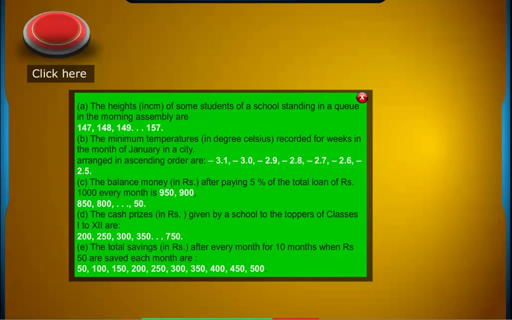E. The total savings in rupees after every month for 10 months, when rupees 50 are saved each month, are 50, 100, 150, 200, 250, 300, 350, 400, 450, 500.